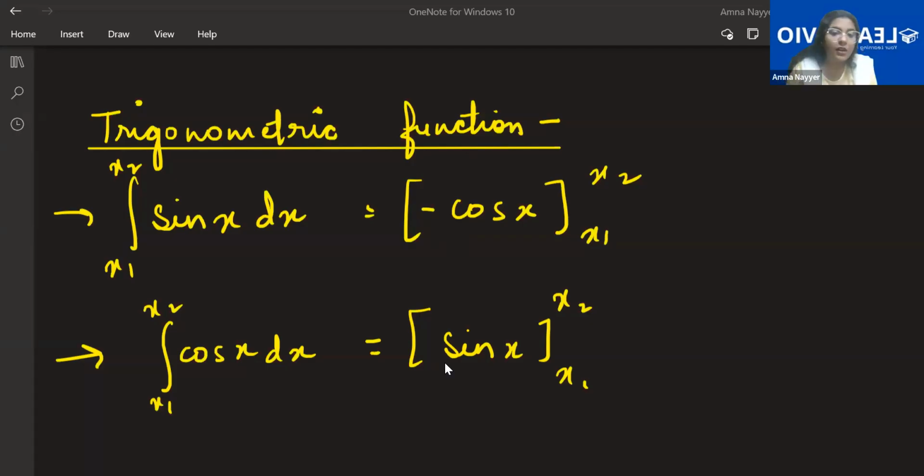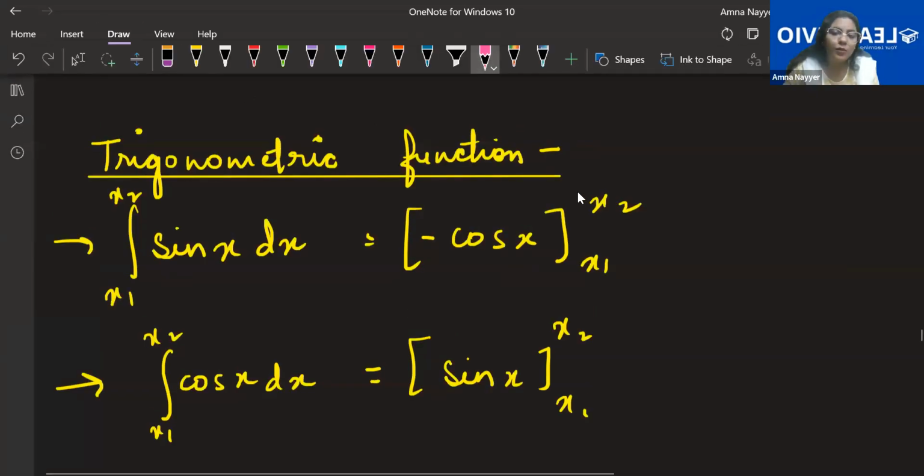Since we are talking about the limits, in integration it won't be as simple as this. In differentiation, it was very easy. You could just write the values. I hope you're getting this, x is some theta, the value of angle. Here you'll have to do one more step. You'll have to put the upper limit and lower limit here also, and for sine also.